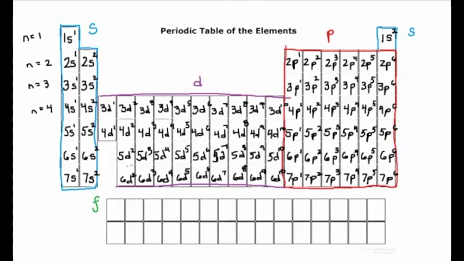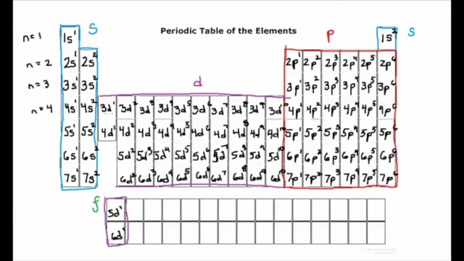So there's your D's. Notice that you've got 2 that are missing right here, and where those went, they actually went down below. The reason why they're down there involves exceptions that we're honestly not going to address. However, that would be 5d1, and this would be 6d1, and then the rest of them are going to be F's.